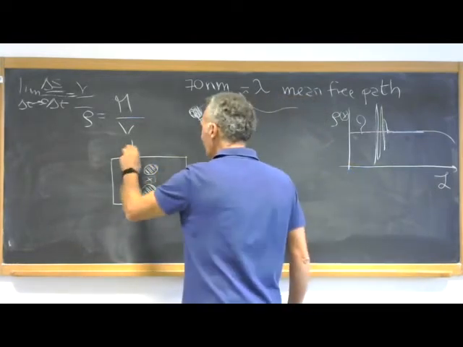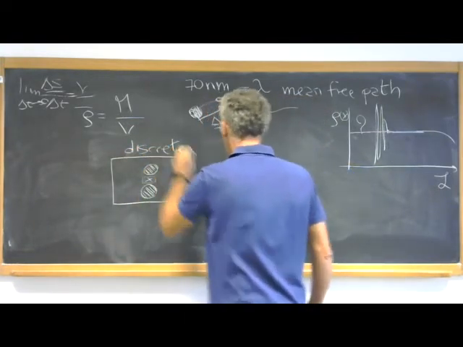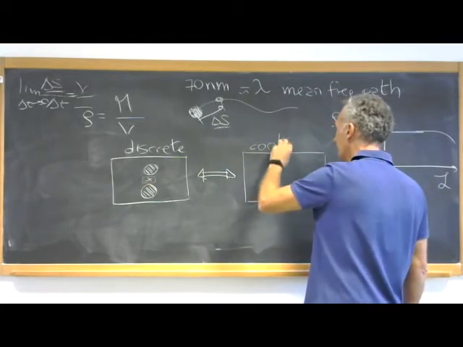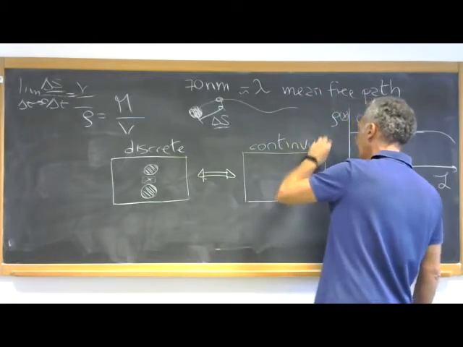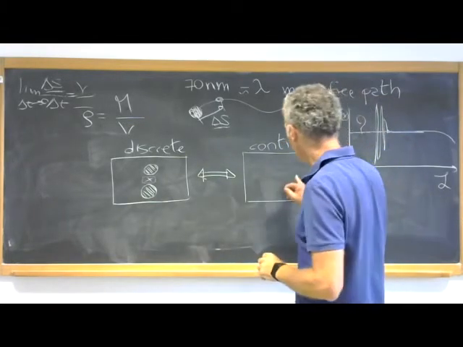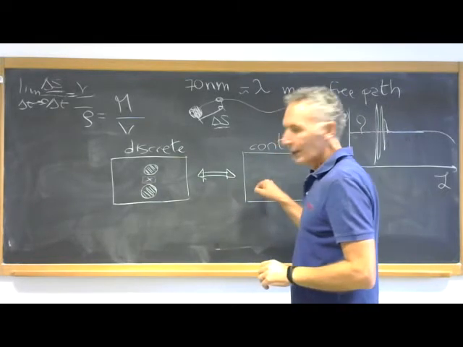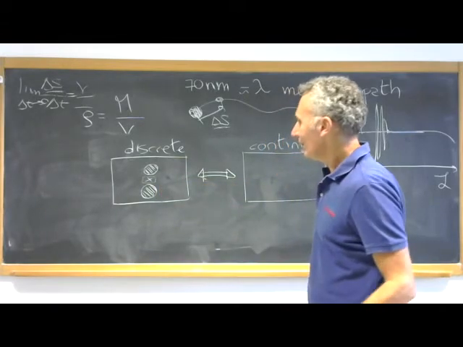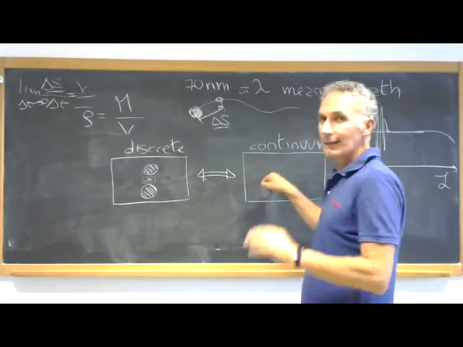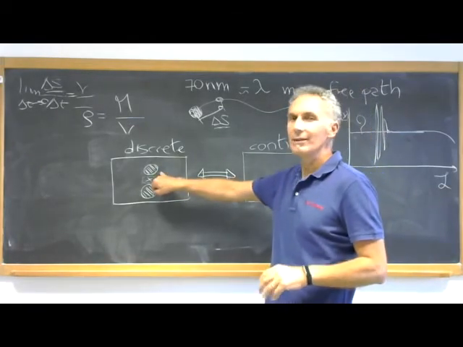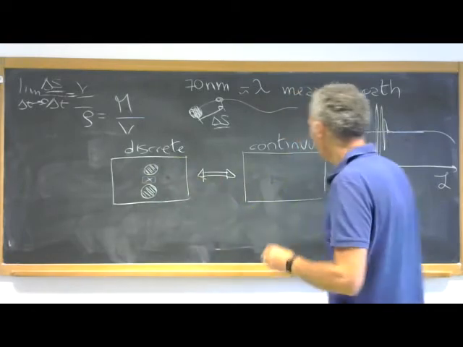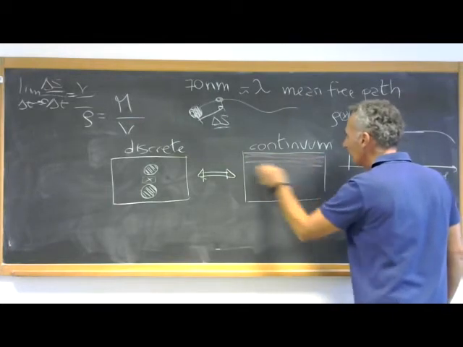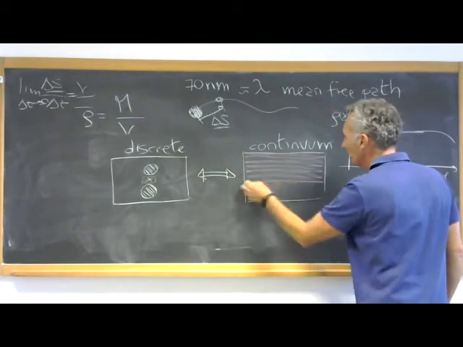So this is discrete, and this is continuum. So what I claim is that what I have here is absolutely equivalent to what I have here, except that the matter in this ideal material is not distributed in discrete molecules, but is distributed homogeneously everywhere in my volume.